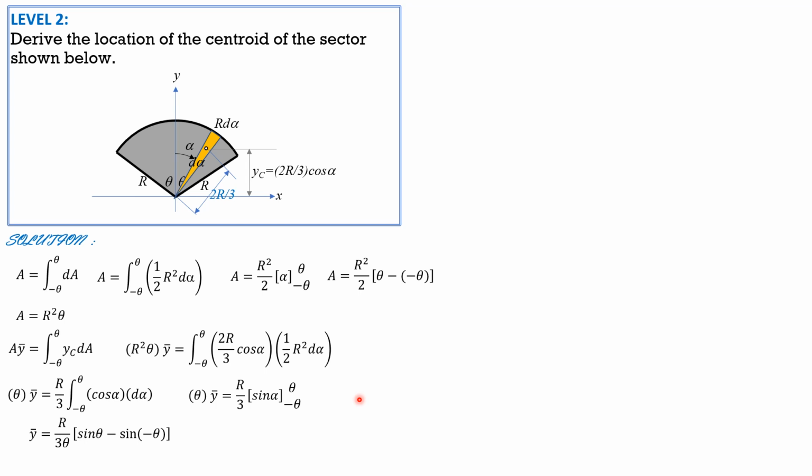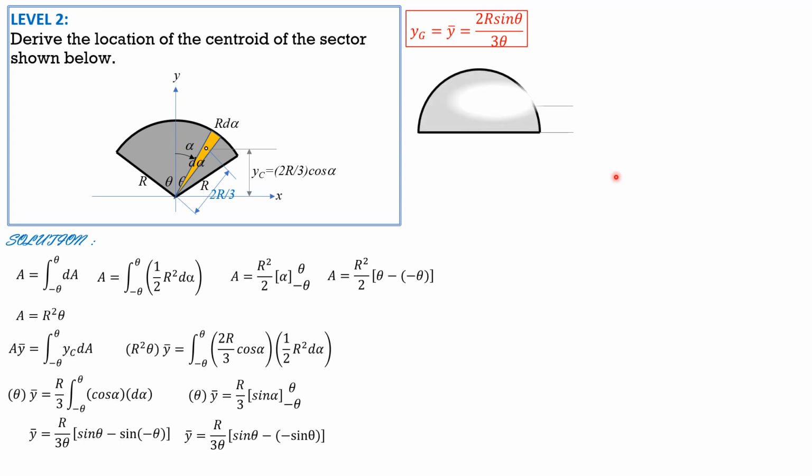So barred y, or y sub g, is 2r sine theta over 3 theta, which verifies the location of the centroid of a sector element.